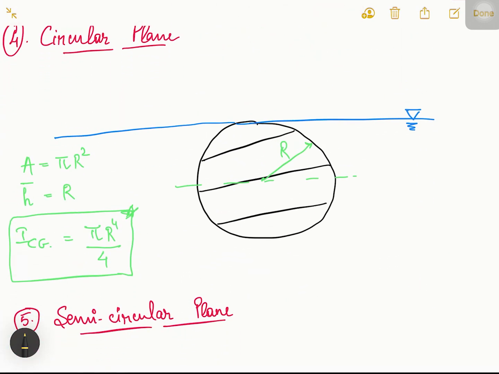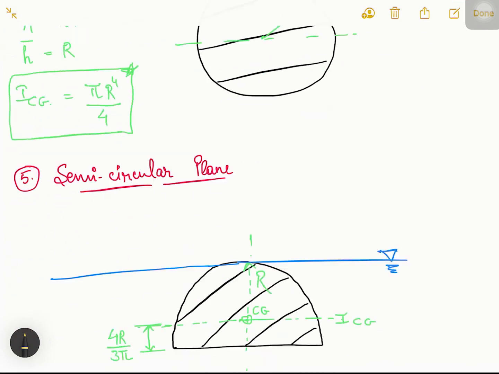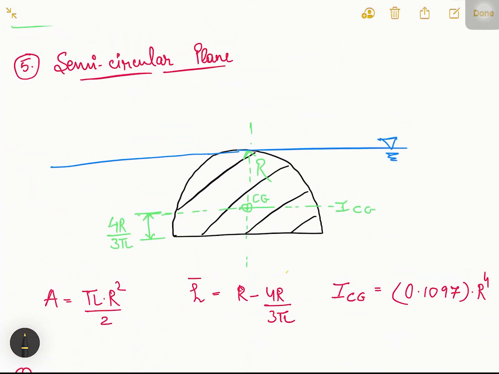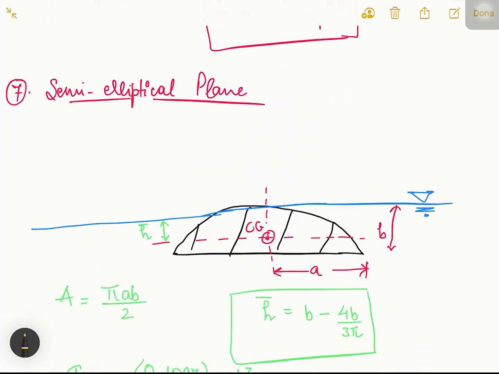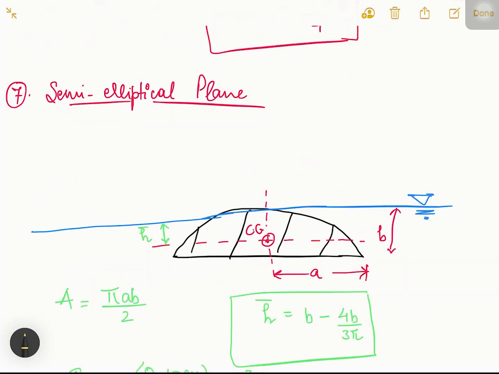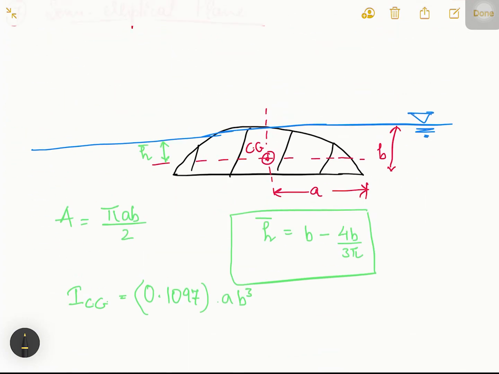Circular plane: what's the center of gravity, moment of inertia about center of gravity, where is the location and all. Then the semicircular plane, and next the elliptical plane and semi elliptical plane.